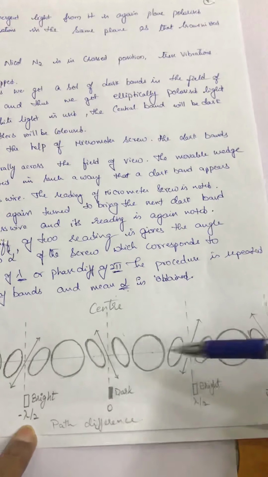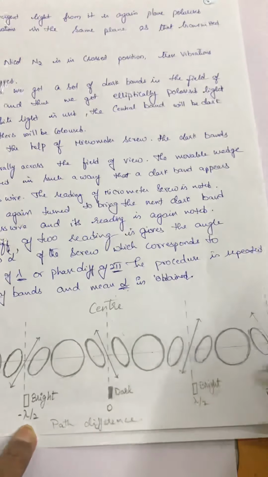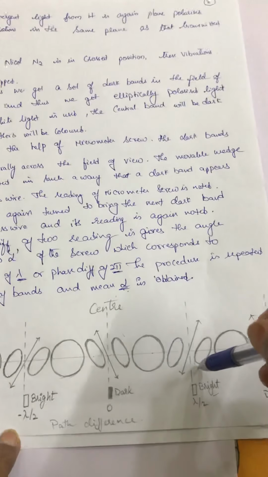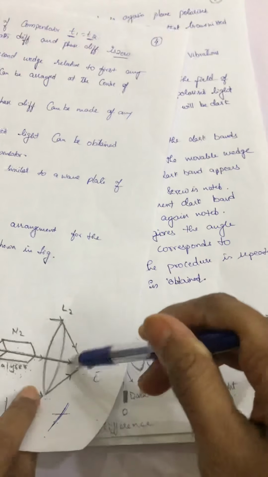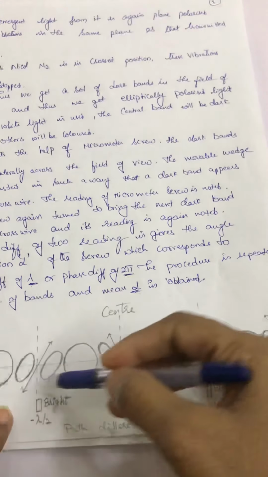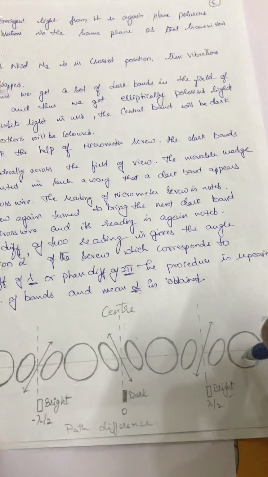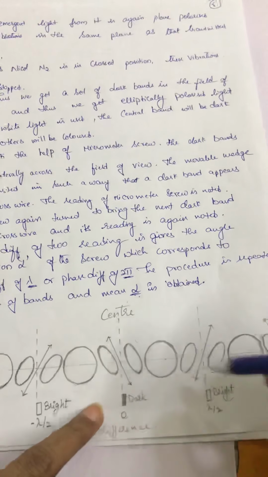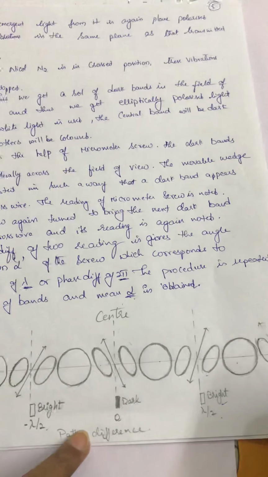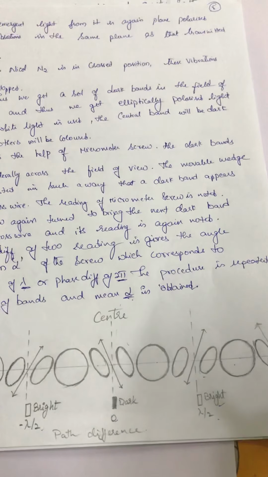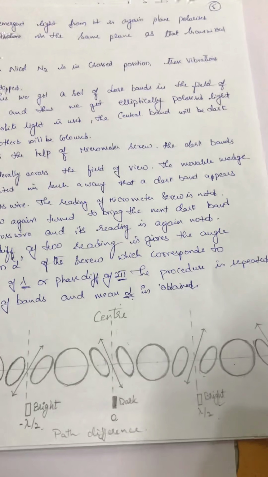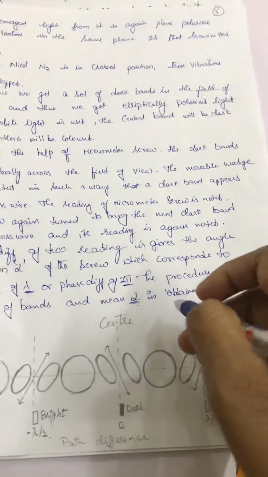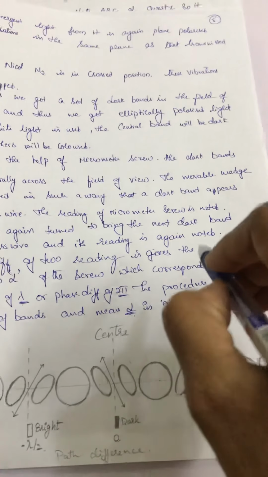Next come colored bands, bright, dark, like that we get a number of bands, which we can view through the telescope E. This side is minus lambda by 2, minus lambda, and this side lambda by 2 and lambda. These are the wavelengths.